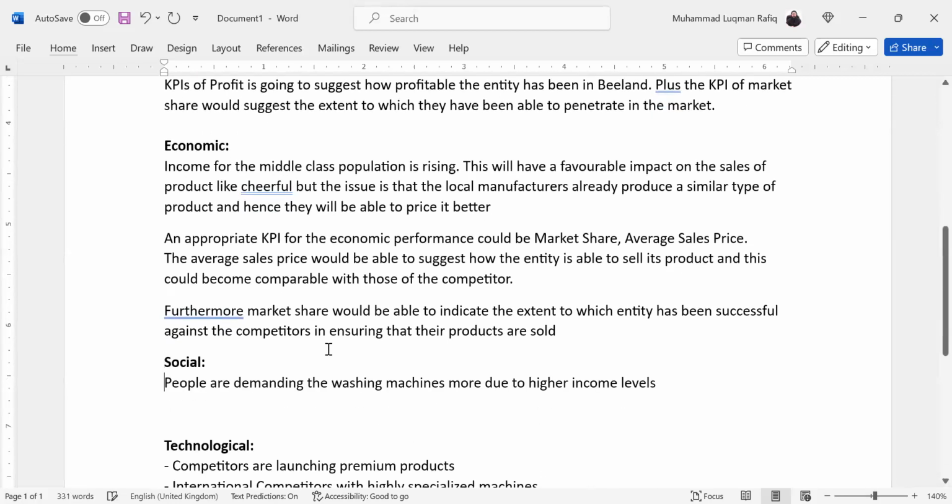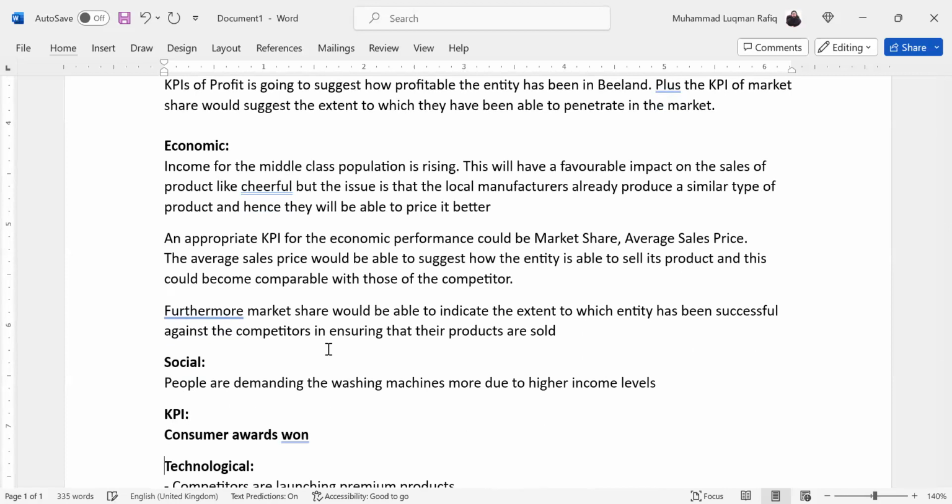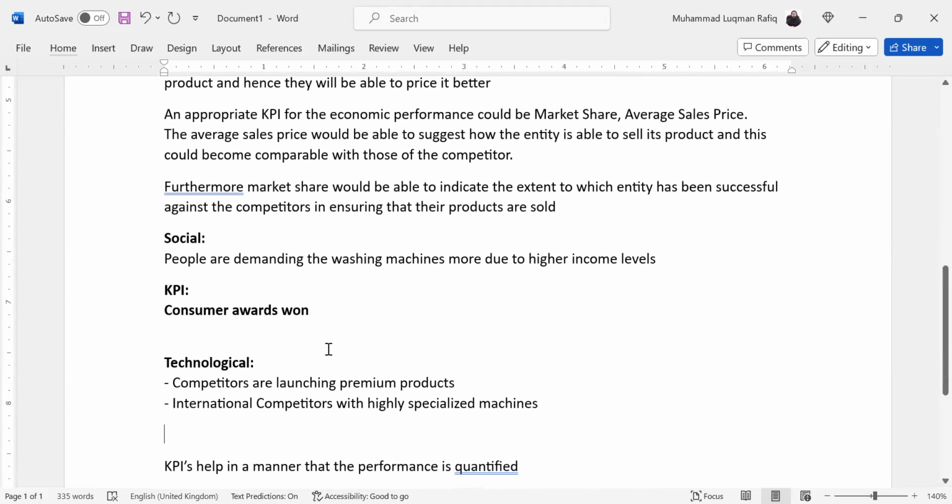What about the social? What could be the KPI? Consumer awards one? The technology could be quality cost.